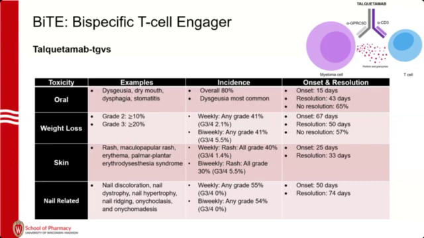So there's a lot of toxicities and a lot of management that needs to go into the folks who have received talquetamab. We actually have our second patient currently admitted to B66 for this therapy getting started. So we don't have as much clinical experience here as we do with teclistamab, but it is, of course, another therapeutic option.